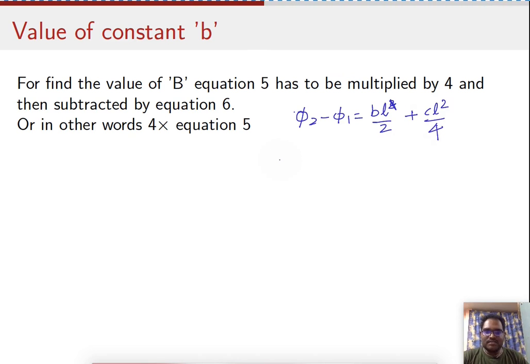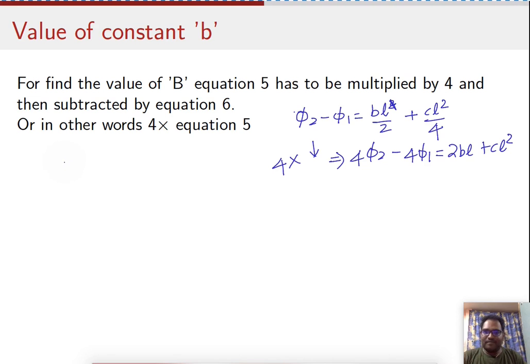So what we are doing is we are multiplying this by 4. So what happens is it is 4 phi 2 minus 4 phi 1 is equal to 2 BL plus CL square, which is basically equation number 5 multiplied by 4.